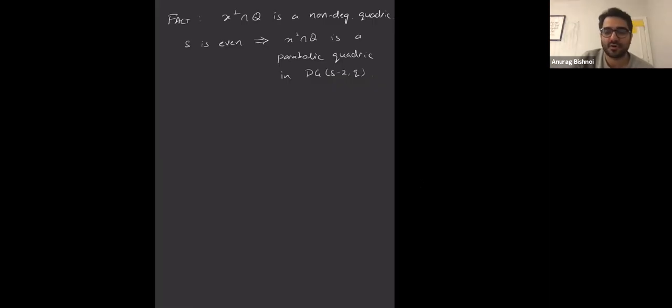If we were working with odd dimensions, then this won't be a regular graph. We will have two different degrees, depending on what the intersection is. But right now, because X perp is an even dimensional projective space, this intersection is the same. It has to be a parabolic quadric. So it's the same sized intersection. So this is where we use S even. This is important.